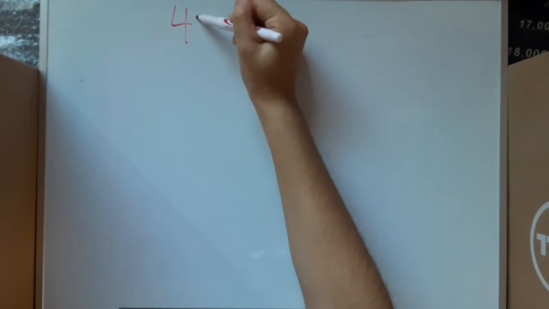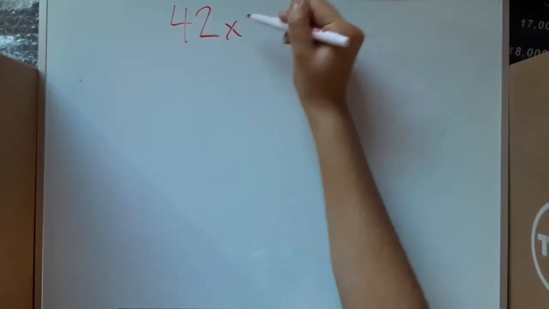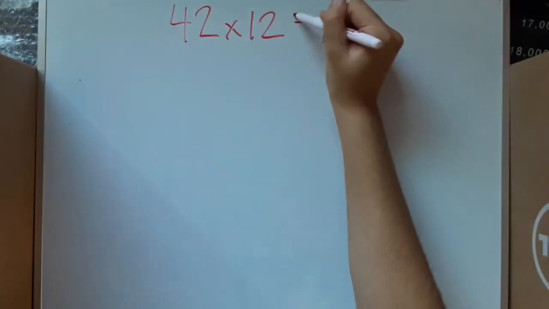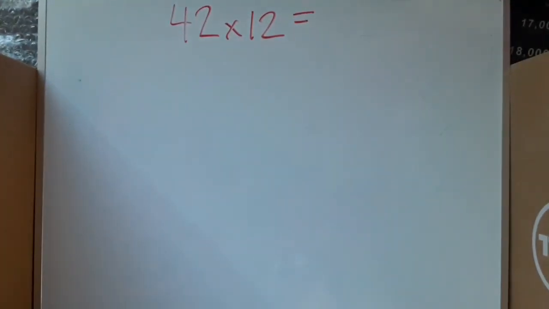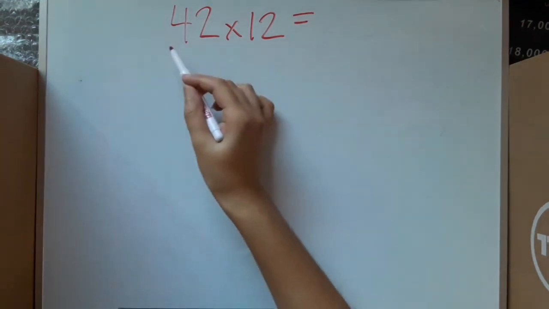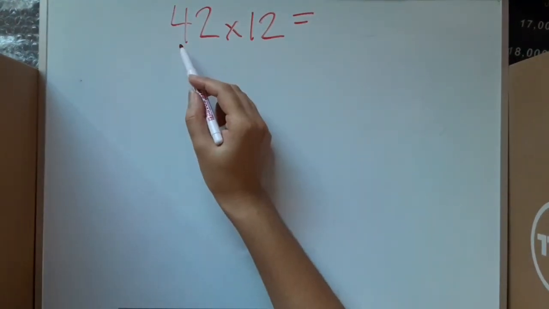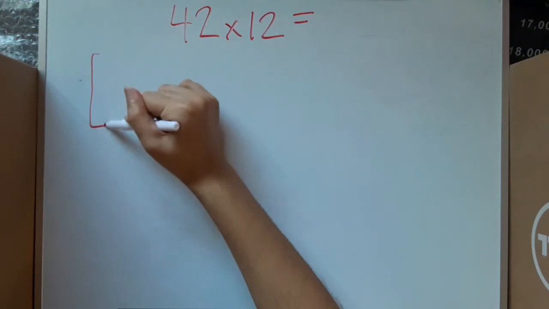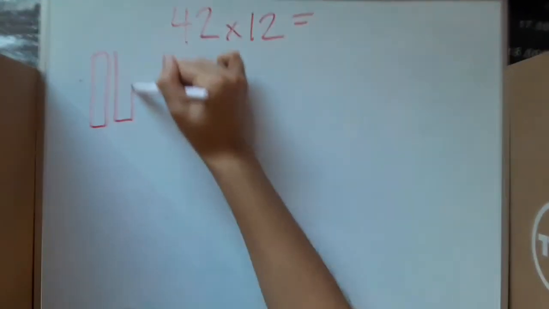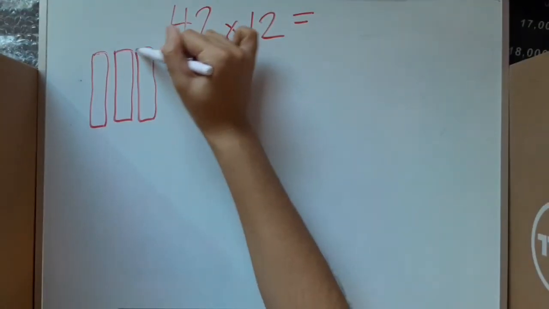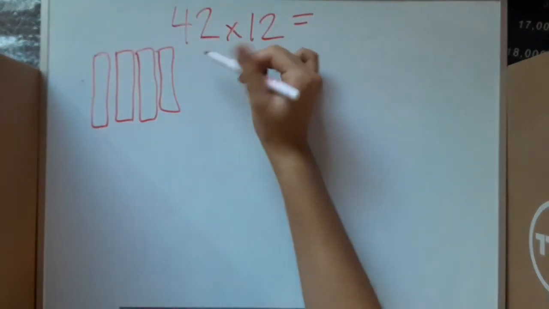Now, what if you're doing a problem where both numbers are double digits, like 42 times 12? Once again, we can expand both of these numbers into their expanded form. 42 has 4 tens and 2 ones.